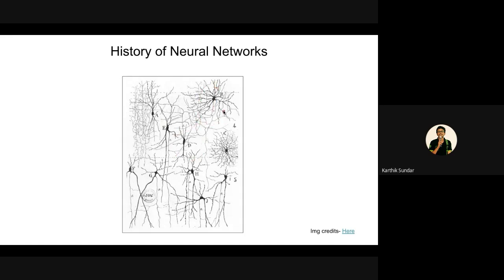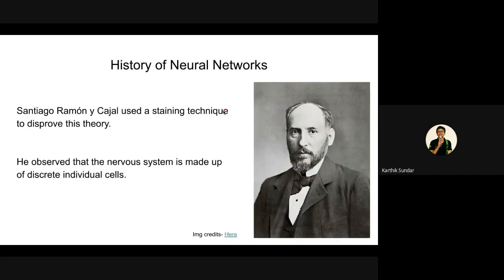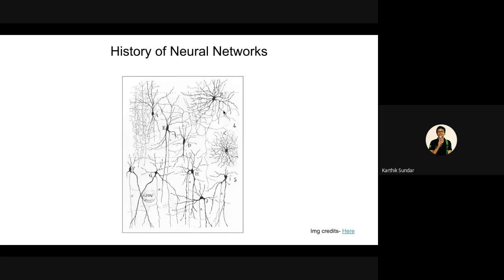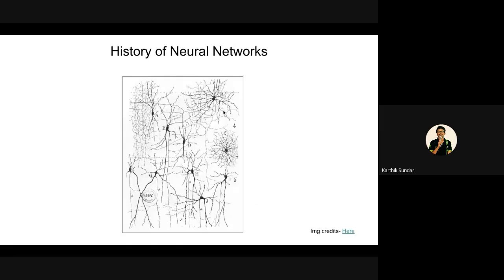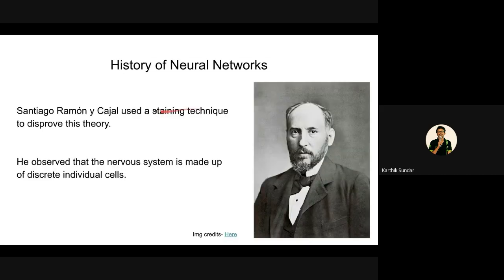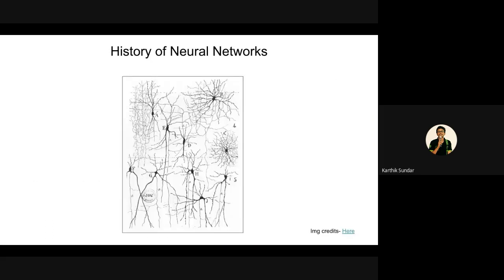So what he proposed with an advanced staining technique is that the nervous system consists of a discrete network of neurons. It was validated with advanced staining techniques, and finally it was proven that Cajal's theory was correct: the neural network is not a single continuous network. It is made up of discrete individual cells. So that's the conclusion of the experiments.